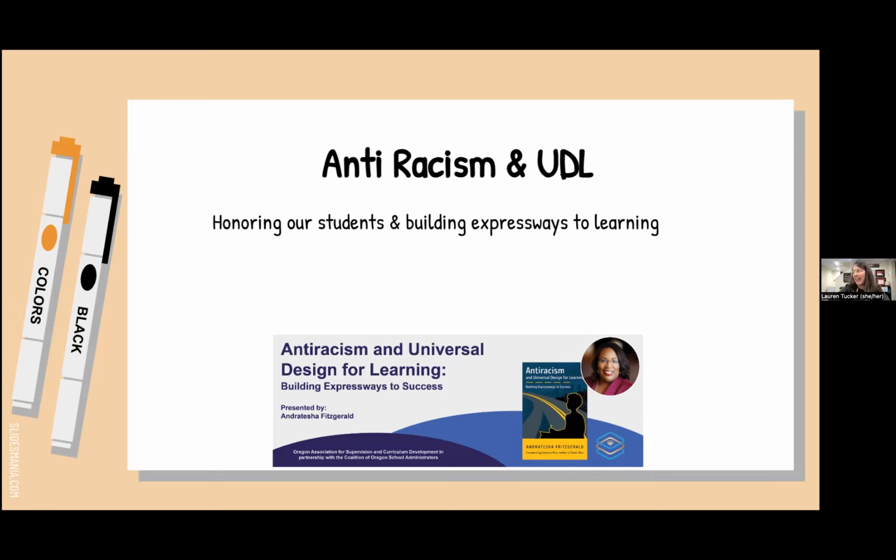She has a bunch of webinars online for free as well, but I cannot emphasize enough the power of this book to help us support some of our marginalized students, who may come into our classroom with negative experiences of learning, and how universal design can empower them.